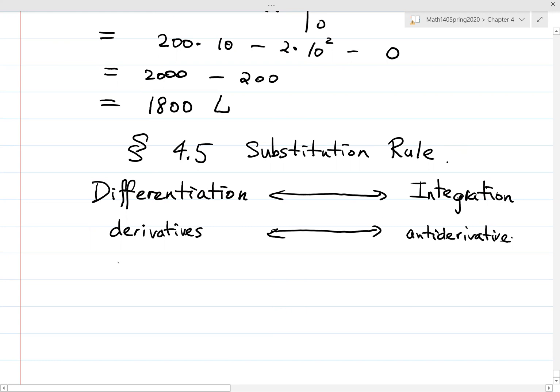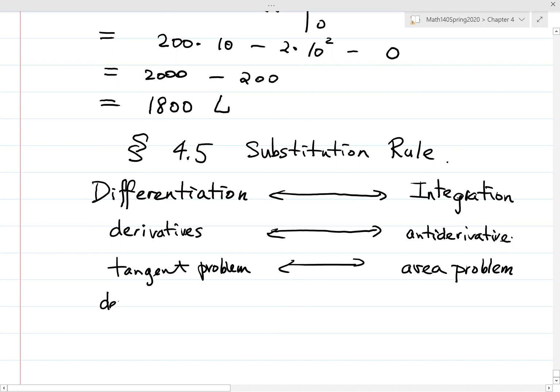Here we have the tangent problem, and here we have the area problem. On this side we have the derivative, and this side we have the antiderivative.